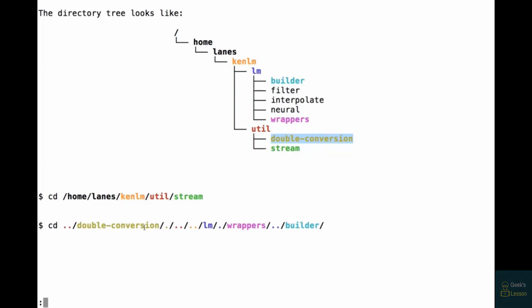Thus, given that stream is the current working directory, ../double_conversion refers to the subdirectory colored in gold in the tree. /home/lanes/kenlm/util/double_conversion.